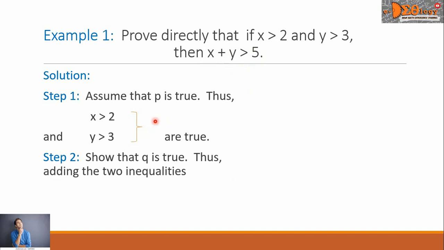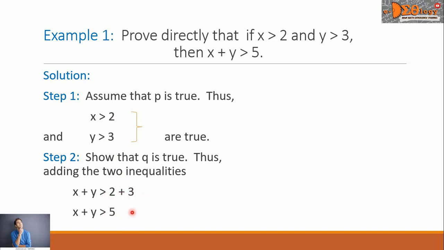So what we're going to do is add the two inequalities. So we have x plus y is greater than the number 2 plus the number 3. Simplifying the right side, 2 plus 3 is 5.